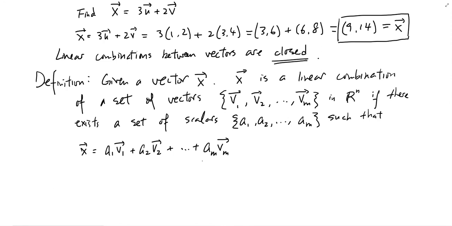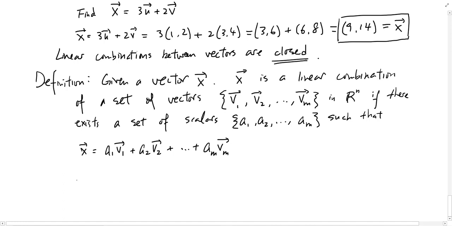Now, if you look at our scenario right here, vector x equals 3 vector u plus 2 vector v. The u and v are the building blocks, the set of vectors. And 3 and 2 are the set of scalars.